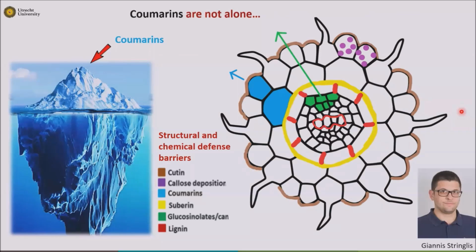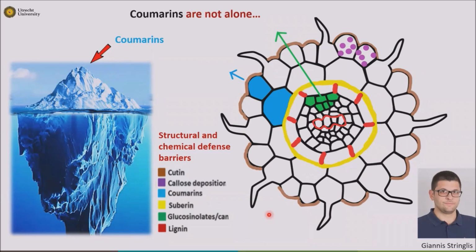So with that, I would like to end, because in the future we would not only like to investigate the coumarins in more detail, but also all the other chemical and structural barriers that we know are present in the root system of a plant. We would like to know their function in the communication between the plant root and the root microbiome, and what this means for better performance of the plant in terms of nutrient uptake and induction of systemic immunity.